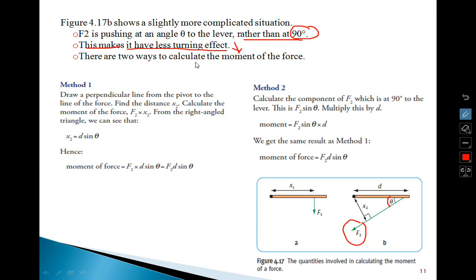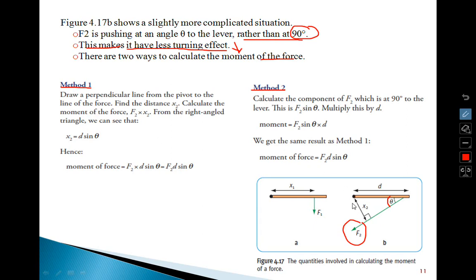There are two ways to calculate the moment of the force. We will discuss them separately. For the first method, we draw a perpendicular line from the pivot to the line of the force.